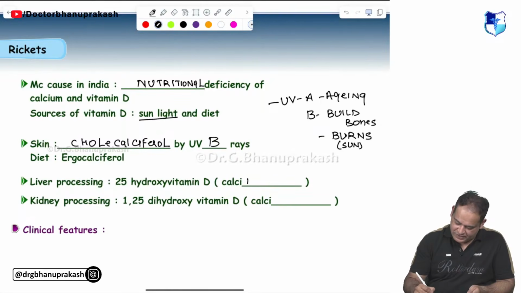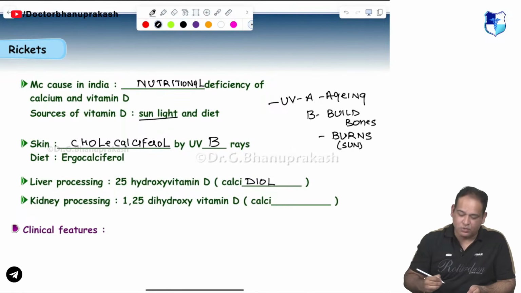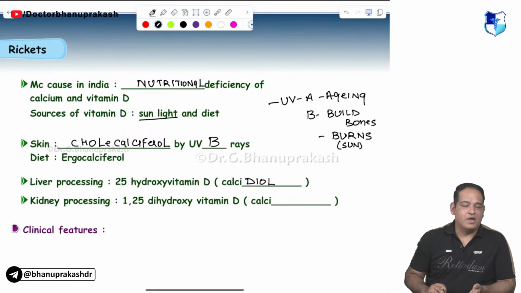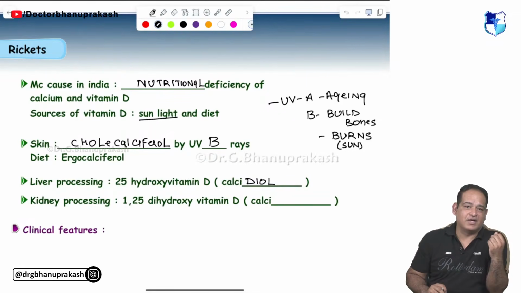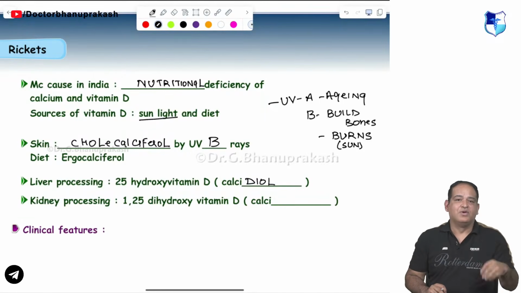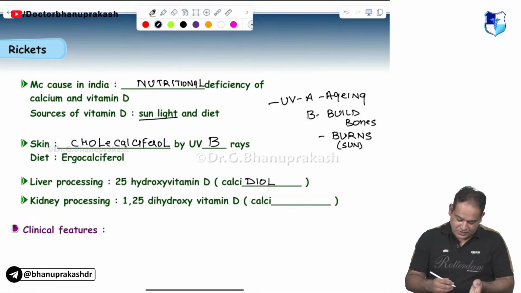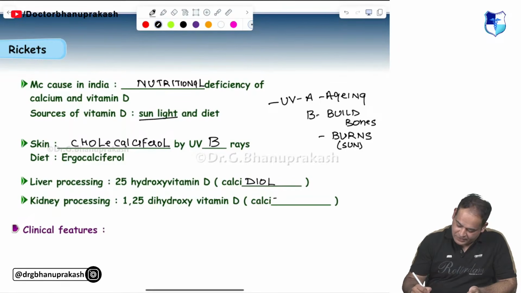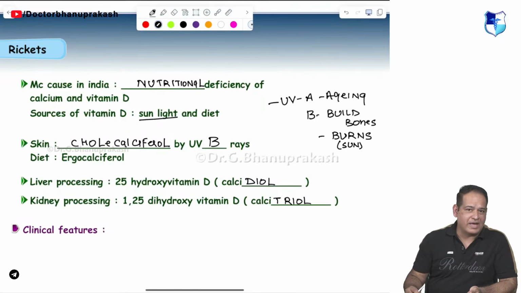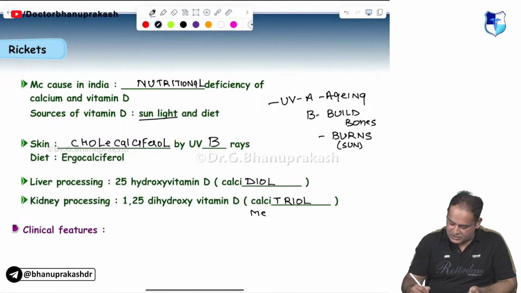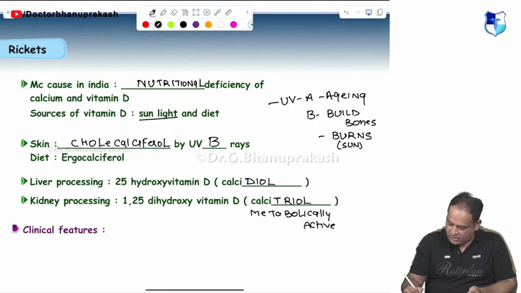Liver will do the processing and convert it into calcidiol. अगर बिना प्रोसेसिंग के सब कुछ चल जाता तो हमारे जैसे लोग तो अंगूर ही खाते रहते हैं हर समय कि अंगूर खा लो, अंदर जाके शायद कुछ और बन जाए अंगूरों से, right? Now kidney processing. Kidney will do the processing and it will convert into calcitriol. Now calcitriol is metabolically active.